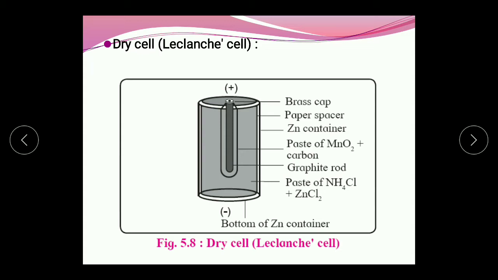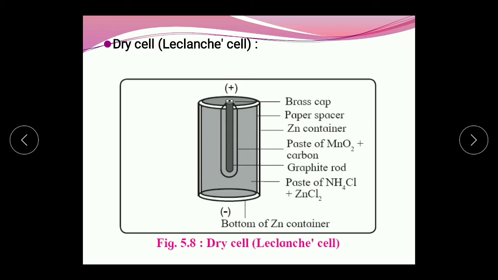In this paste, some starch is added so that the paste becomes thick and cannot leak out. This total container is sealed at the top to prevent drying of the paste by evaporation of moisture, so that the paste remains moist.